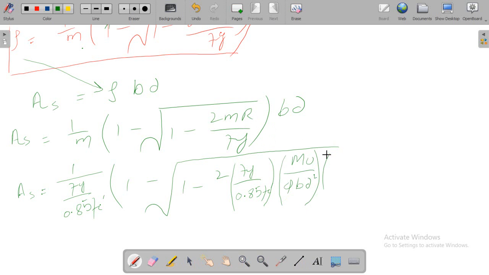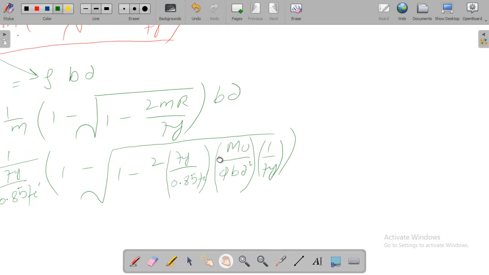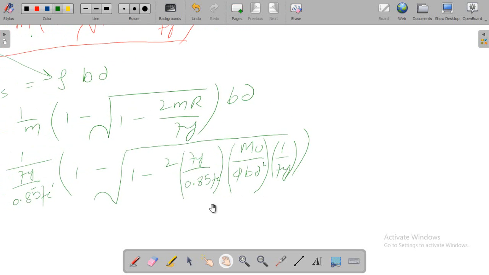And again we have this fy, which is 1 over fy and bracket close, right? So from this we will cancel out some values.